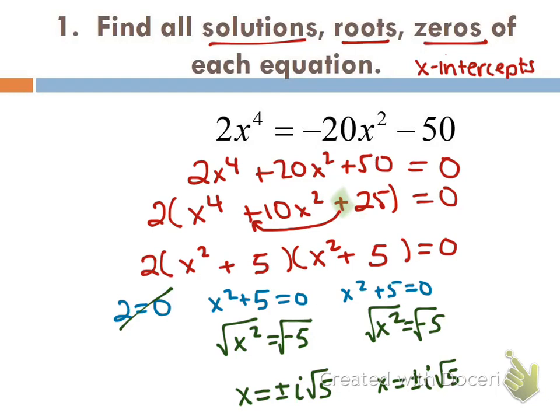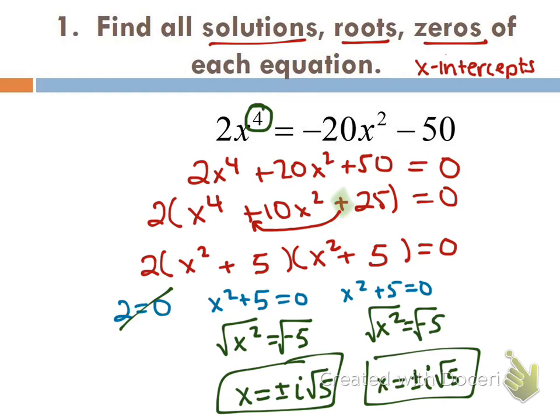They are the same answer, but notice that we do have 4 answers. We have positive i radical 5 and negative i radical 5, twice. So those are our 4 answers, which goes with our degree of 4. So 2x to the 4th tells us that we should have our 4 answers.